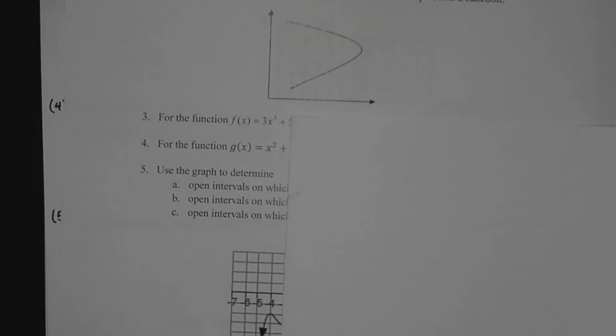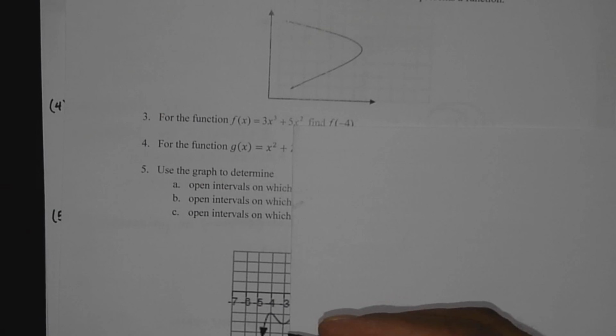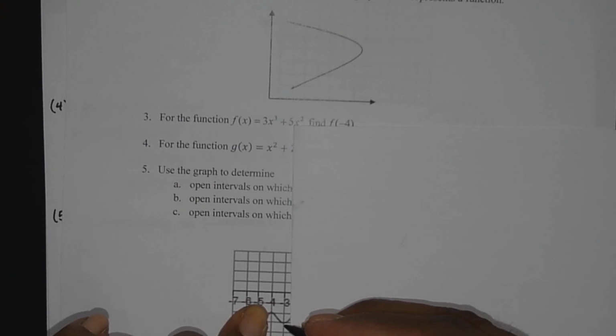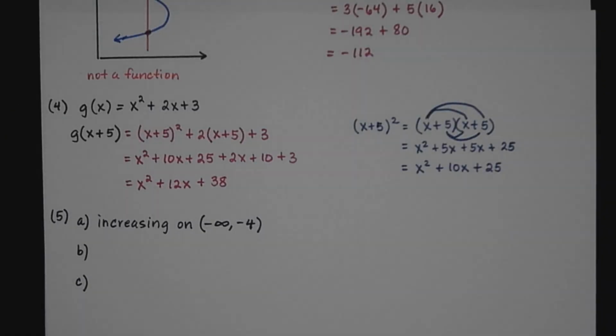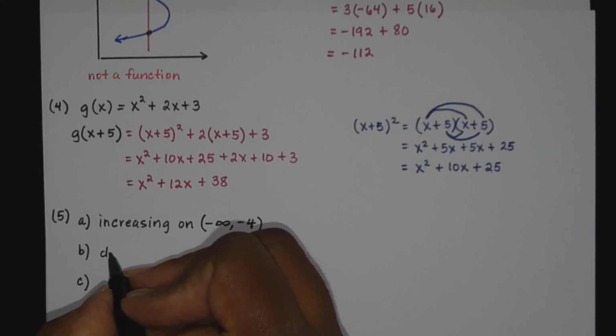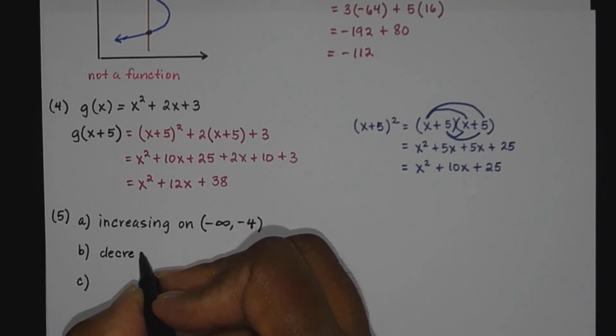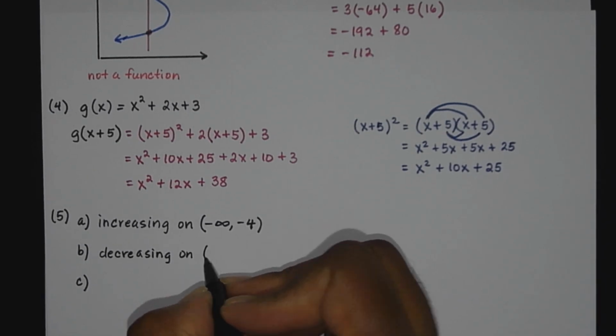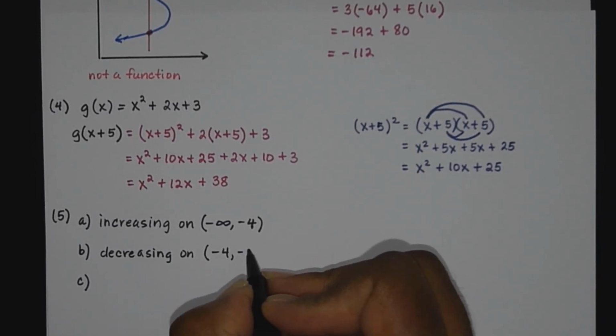And then after negative 4, as you can see, it's decreasing, and it stops decreasing at what x value? Negative 3. So between negative 4 and negative 3, the graph of that function is decreasing. So let me add to part B. Decreasing on the interval from negative 4 to negative 3.